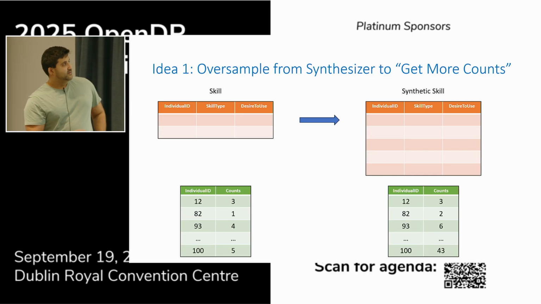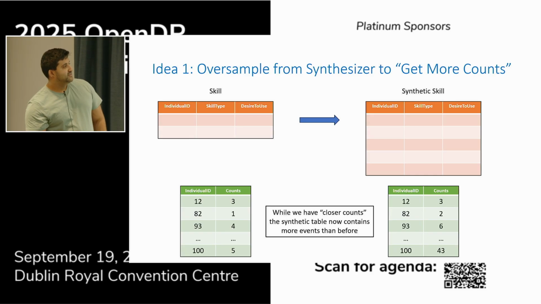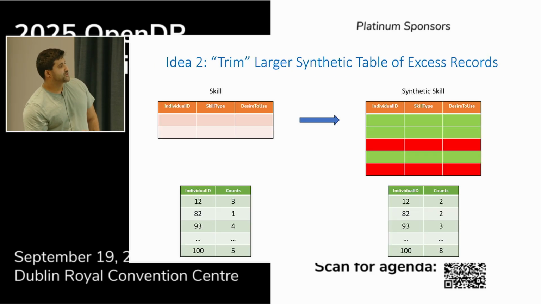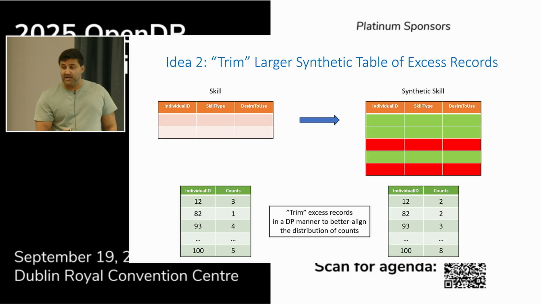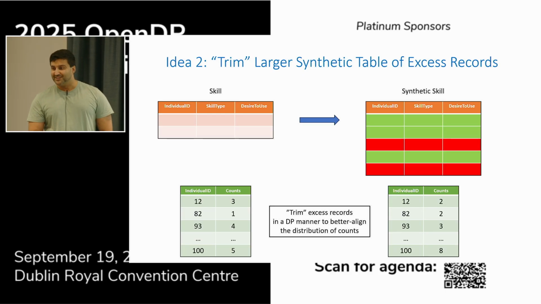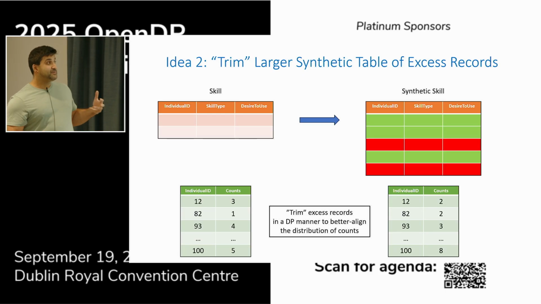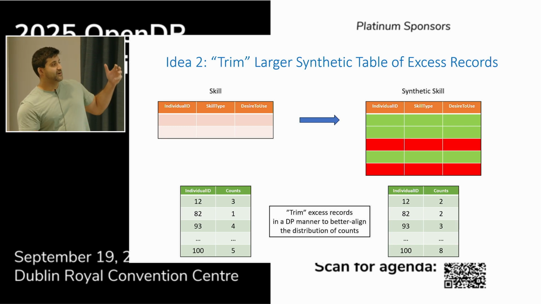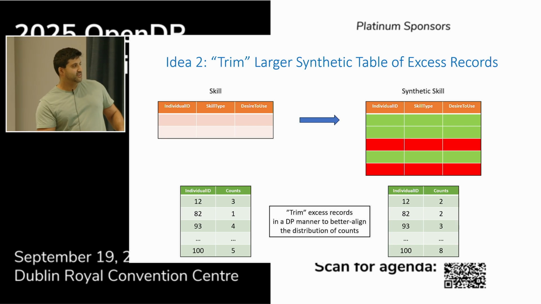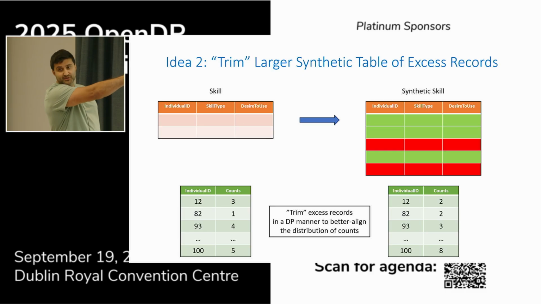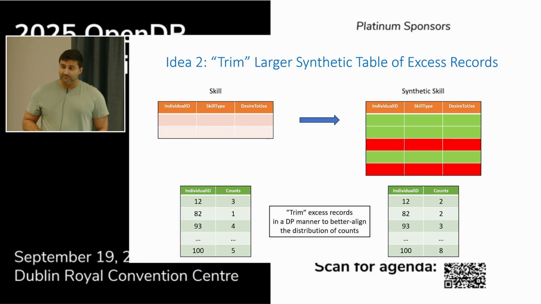So I oversample to get more counts, and then we trim excess records in a differentially private manner by looking at the counts of how many times IDs occur. As a play on subsample and aggregate from Adam Smith, Kobe, and Safia, we call this oversample and trim. We purposely get a bigger data set to get more records, and then we trim down excess ones to get the distribution of the individual ID occurrences to better align.